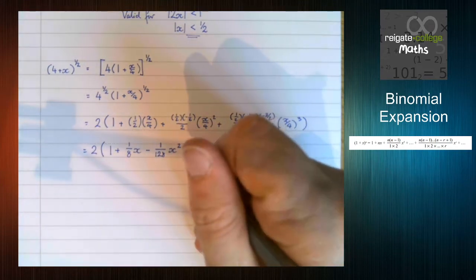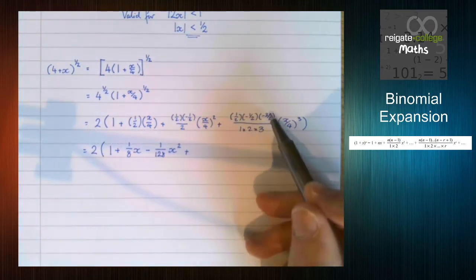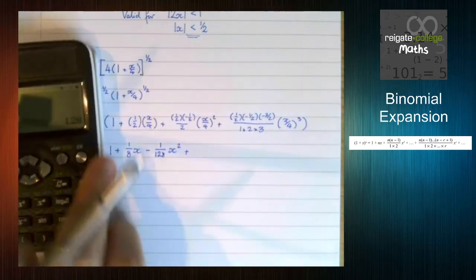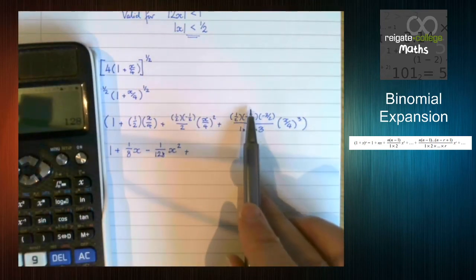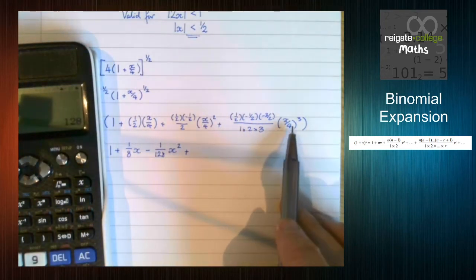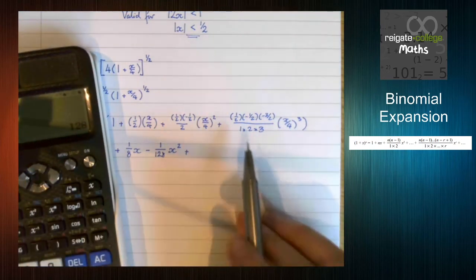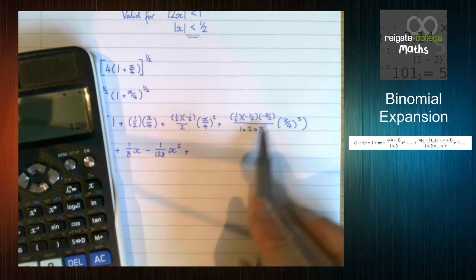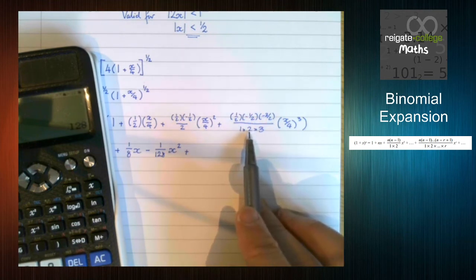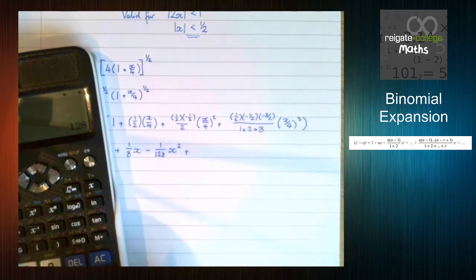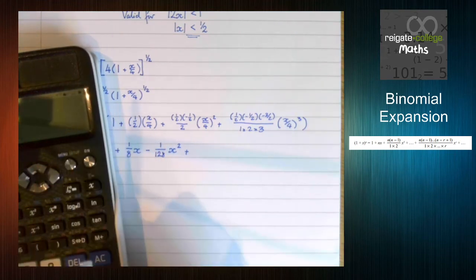Now we've got two minuses, so this is going to be a plus. We can see the 3's are going to cancel. Then I'm going to have 1/2 times 1/2 divided by 2 times a quarter cubed. So I'm going to get 1, 2, 3, 4 2's. And then, so 2 to the power of 4 times 4 cubed.